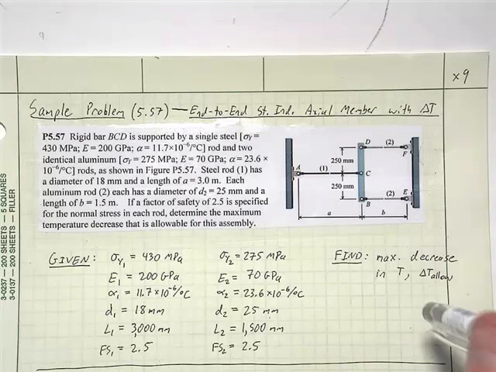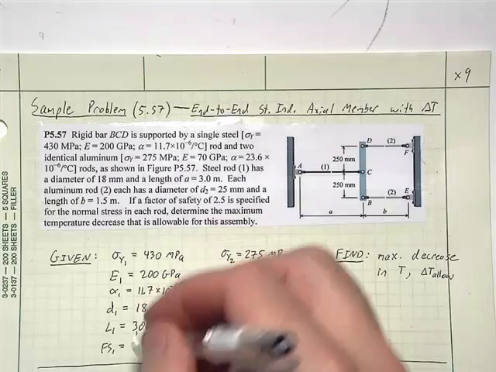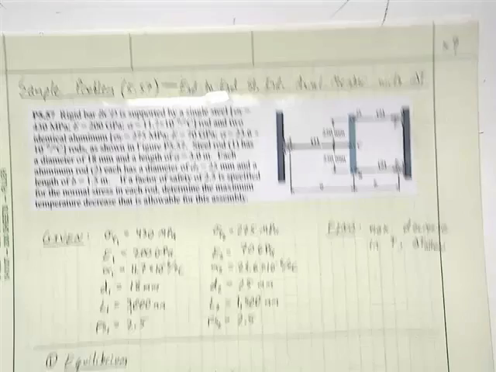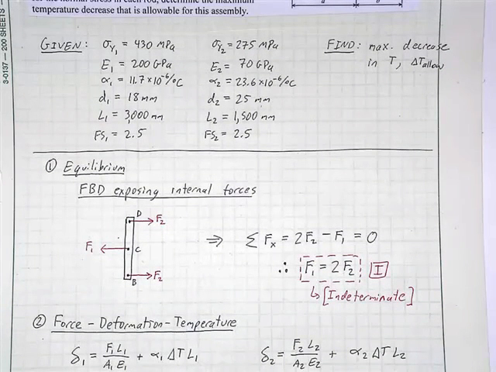Instead, we have to determine what the maximum allowable decrease in temperature is, such that the normal stress in our deformable members is limited based on their constraints due to yielding. Okay. So this one is going to have this aspect of considering two different design constraints.